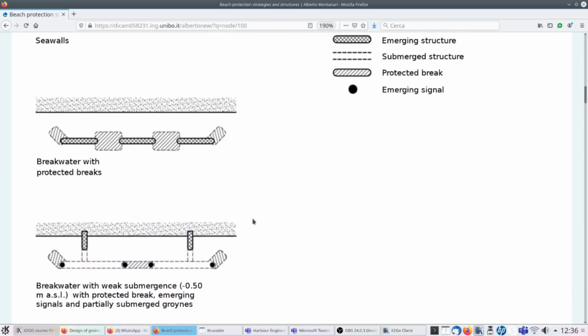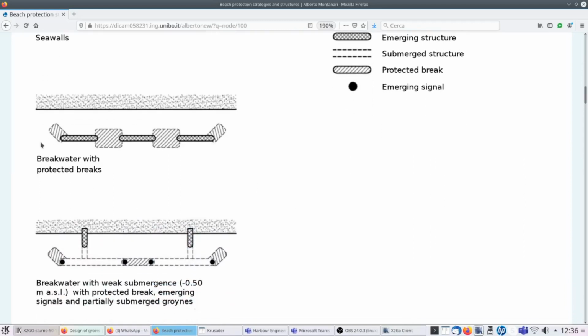Here you see an example of breakwater with protected breaks. You know what breakwaters are. I just wanted to show that in this case the breaks are protected also to safeguard the durability of the breakwater, because of course if there is a concentrated erosion in the breaks, then you have damage that may impact the breakwater.